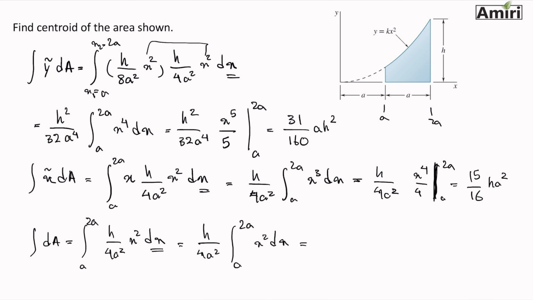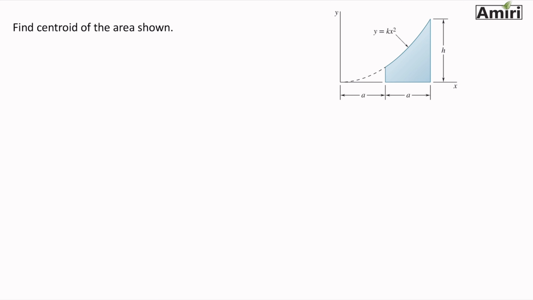Again, not too difficult. x cubed over 3 going from a to 2a, and that will result in 7 over 12 a h. I keep the numbers like this so when you're doing the math, you can follow the math, and if you make a mistake, you know where you've made a mistake.